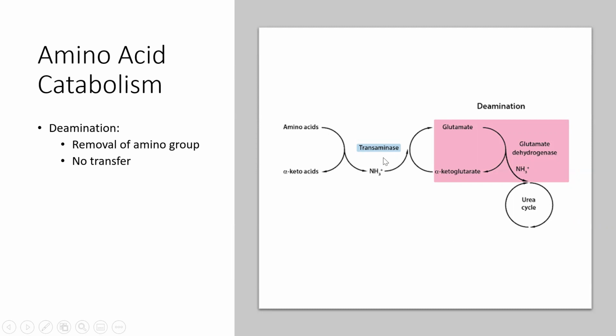Then this amino group has to get rid of in our actual body. Here, if we continued on and donated that amino group to an alpha ketoglutarate to become glutamate, then that would be considered a transferase, right?